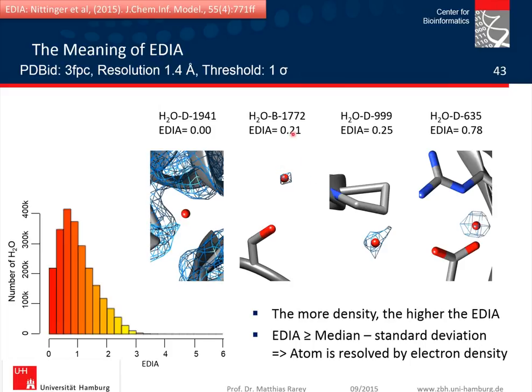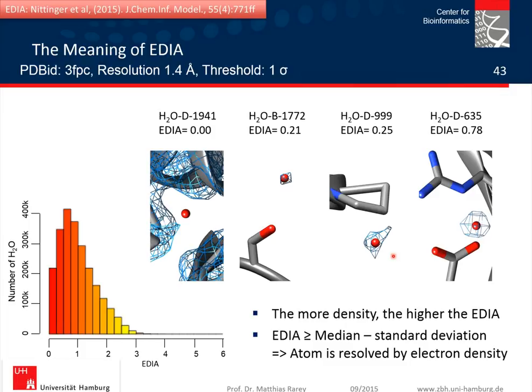This is a low EDIA value of 0.21. This is a value of 0.25. As you can see, here it is still a very small signal only. Here you have a larger signal, and this is the borderline we set for saying that the water is really there. So we usually use an EDIA value of 0.24 to say that the water molecule is really there.